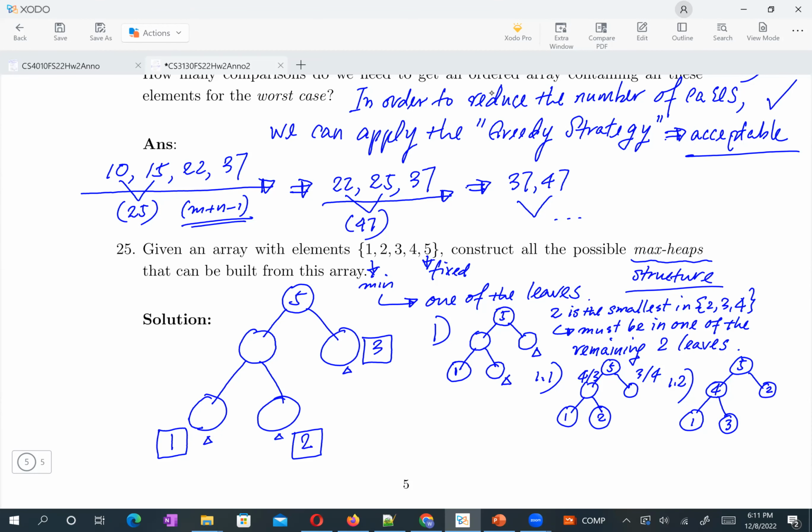And you cannot switch. You cannot put 3 at a parent location and 4 at a leaf location. So it's different from 1.1. So 1.2 has only one possibility. 1.1, you have 2 possibilities.